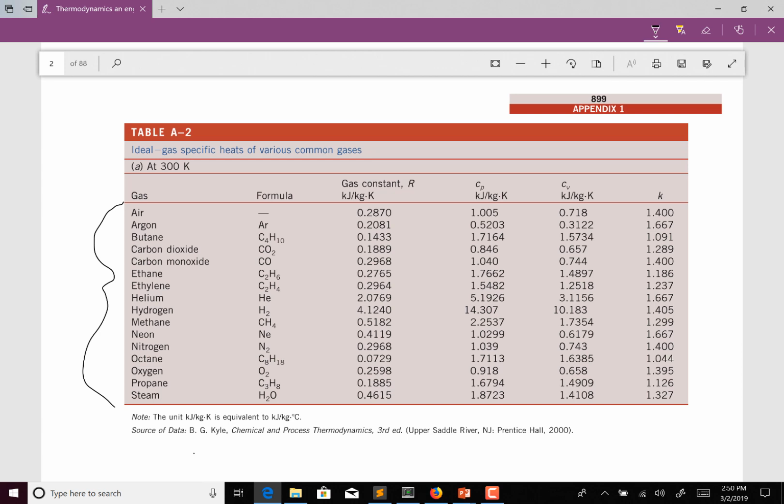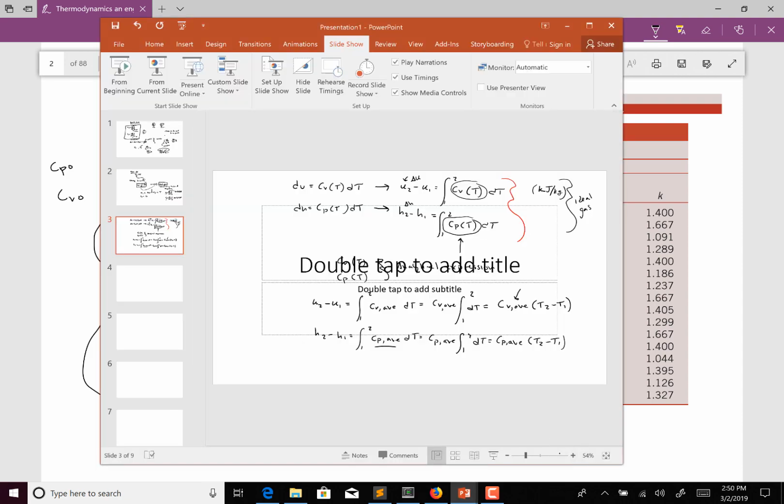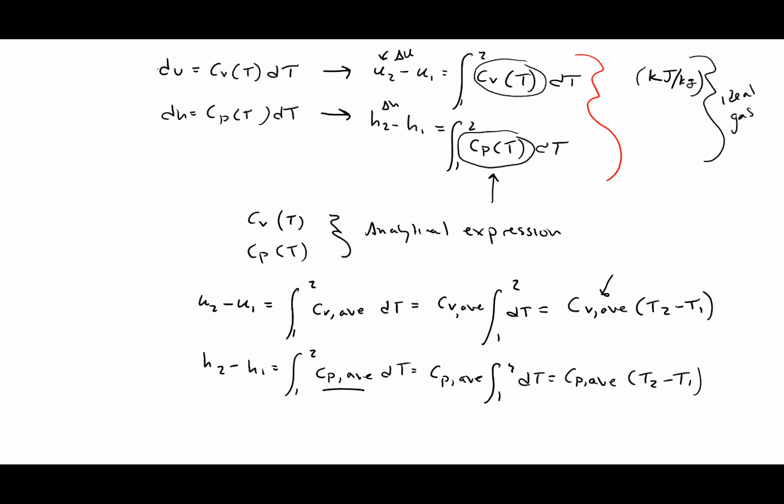So if we end up using this approximation, this is often denoted as C sub P naught or C sub V naught. So if we're going to use the specific heat at room temperature, go back to this, the way we're going to write our equation, and I'm not going to go through these integrations again because it's the same. The integration is going to be the same.